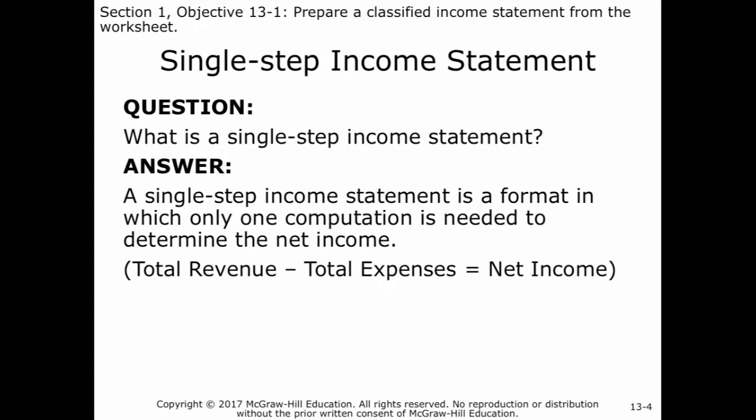To determine the net income, you would usually take the total revenue for the period and then subtract all of the expenses for that business in that same period. In cases where the expenses exceeded the total revenue, we would report a net loss rather than income.